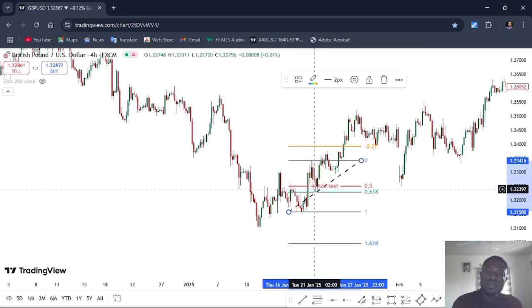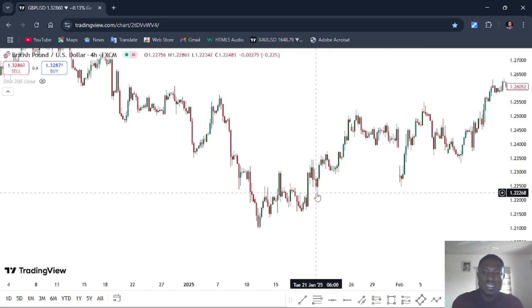Whenever it comes to GBP USD, the Fibonacci tool hardly fails. When I say hardly fails, I mean 80% of the time, if you are trading in alignment with the Fibonacci, you are correct.